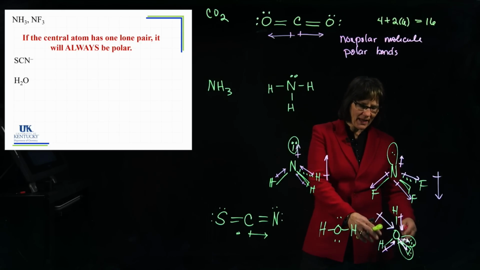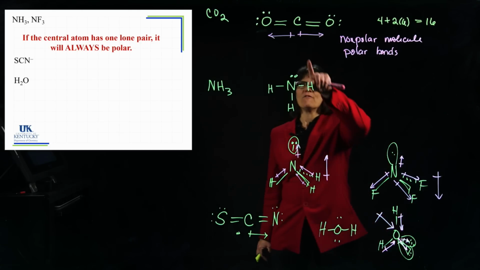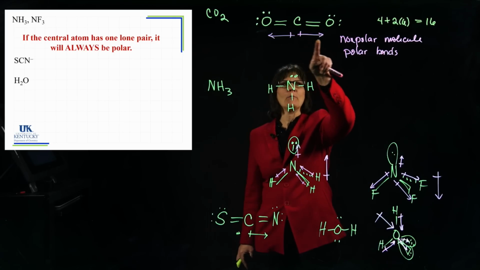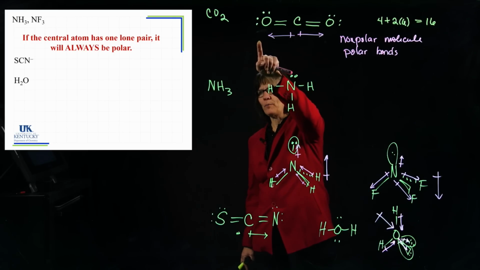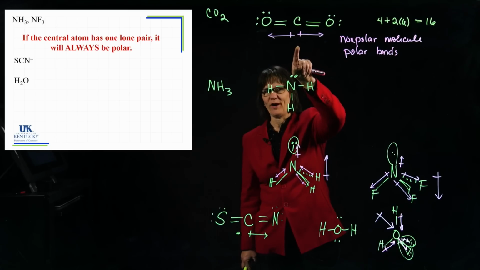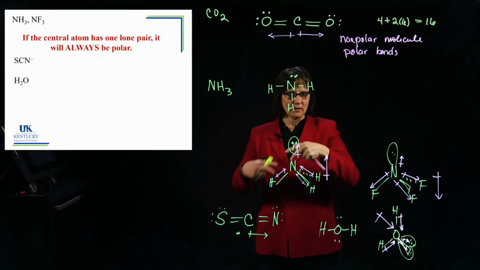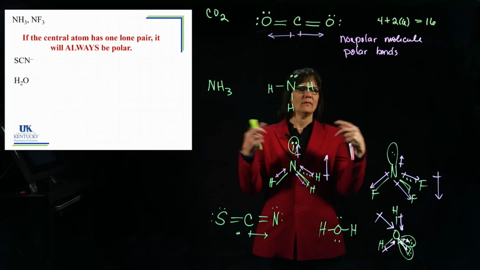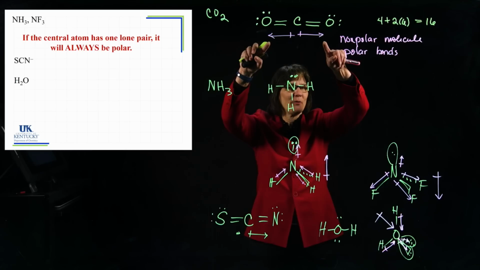If it gets pulled away, then it's going to be polar. If they were pulling exactly as hard, this would not move anywhere. That tug of war would be happening forever and they're not going anywhere.